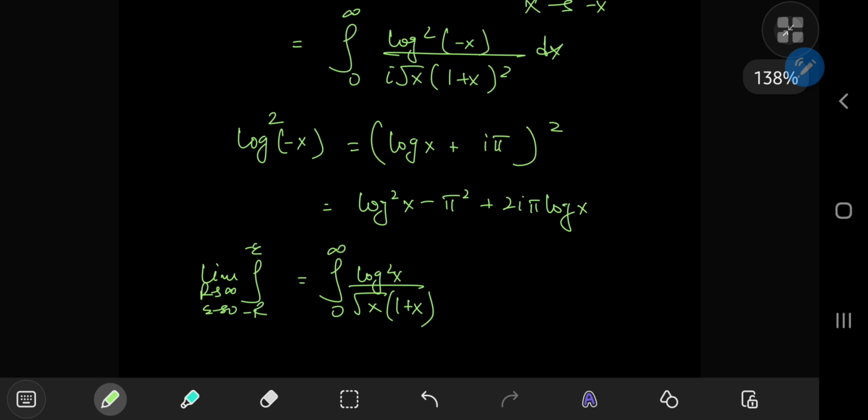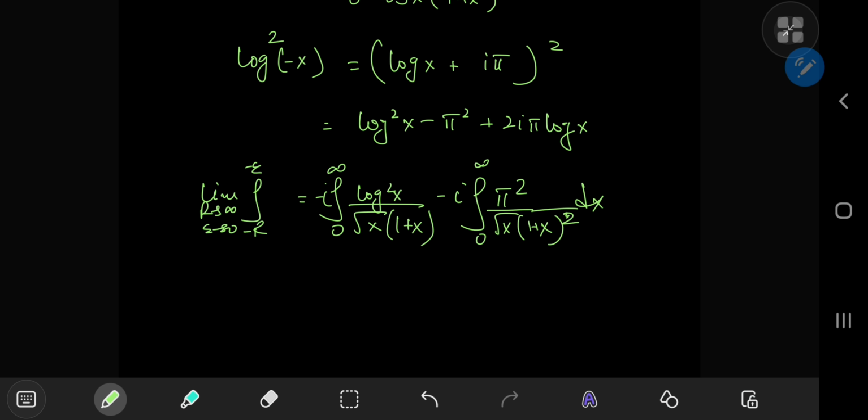Yes, that's correct. And wait, you have this I being multiplied as well. So that becomes the reciprocal of I, which is, of course, equal to negative I. And you have another integral here, minus I times the integral from 0 to infinity of pi squared divided by square root x times 1 plus x squared.